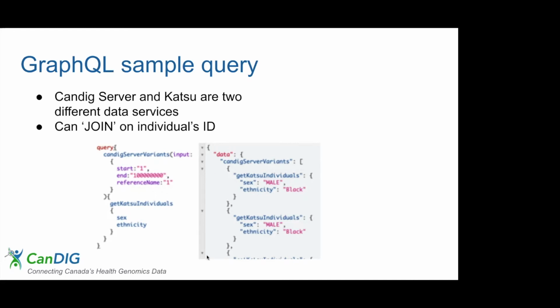In the GraphQL logic, you can just join them internally. And in this query, we chose to get sex and ethnicity from the Katsu individuals. As you can see on the right side, which is the results returned, you will only get the sex and ethnicity fields from the Katsu individuals.